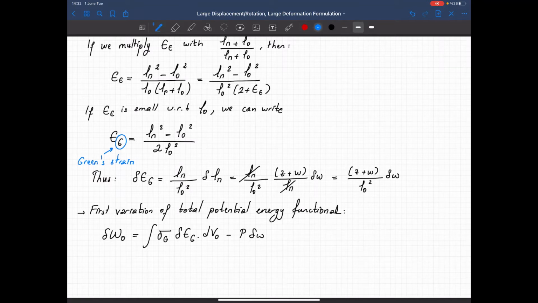So this stress G is referred to as the second Piola-Kirchhoff stress.